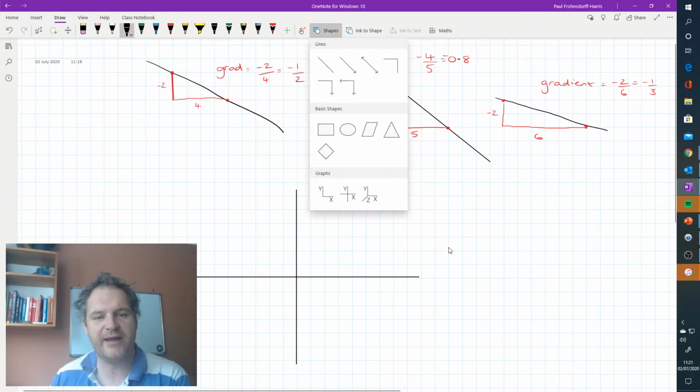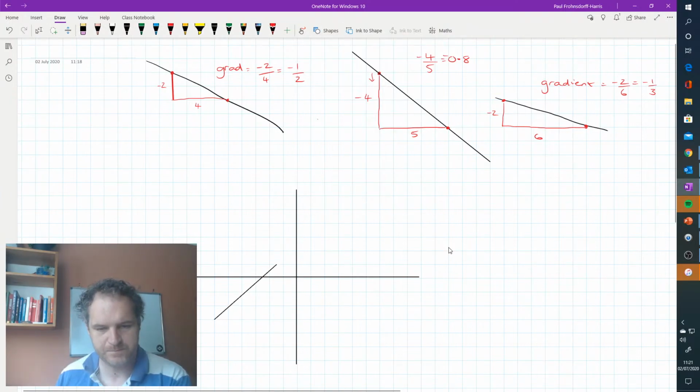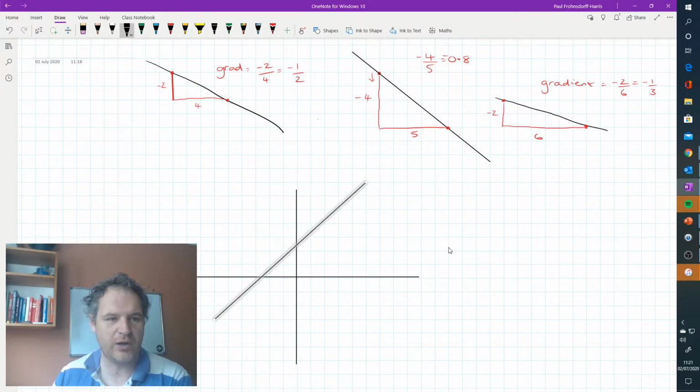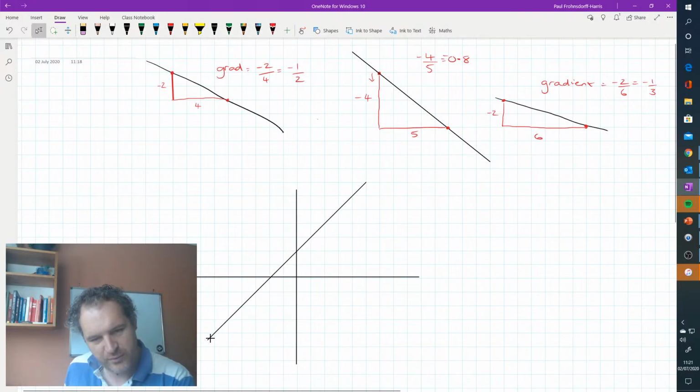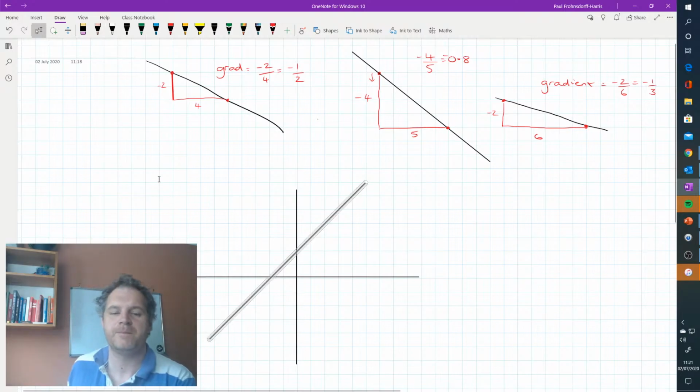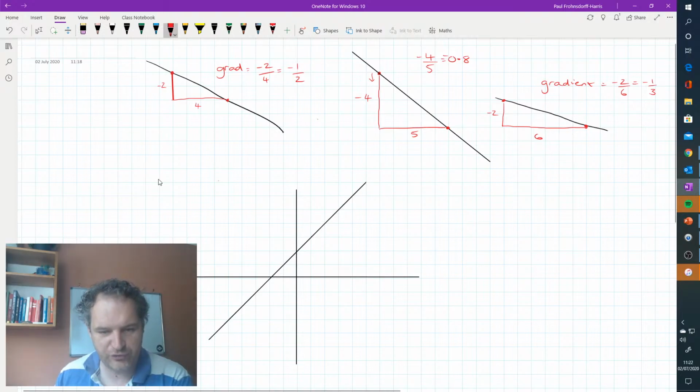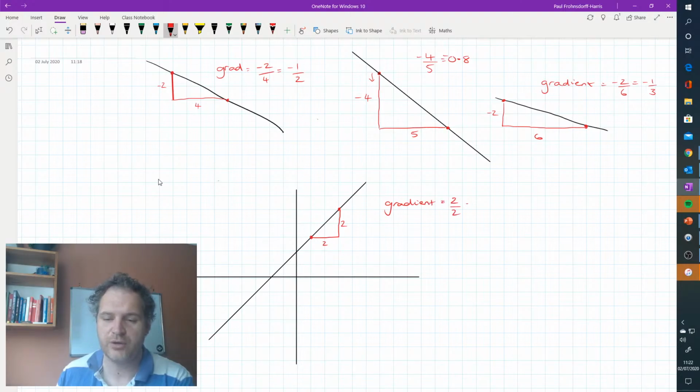If I have a line now that's on here, and this is what a lot of our year 7s at my school have been doing this week, you need to be able to describe this line by being very careful. And the first thing we do is choose, just exactly as I've done before, some points, do our calculation. This is 2 and 2, so the gradient equals 2/2, which is 1.